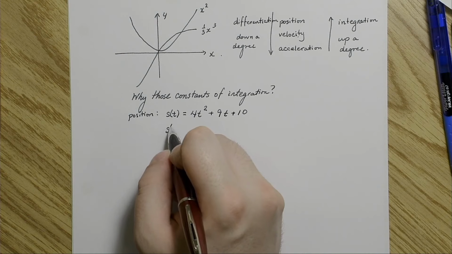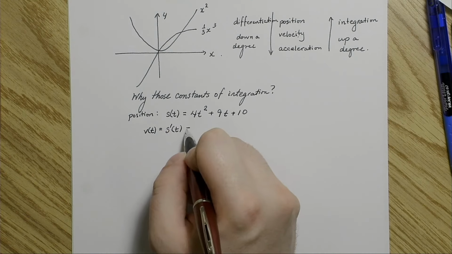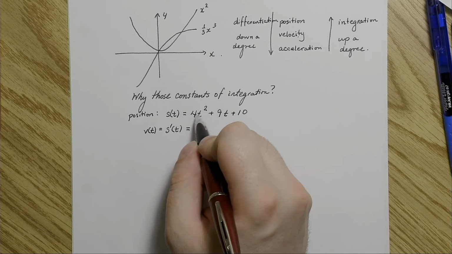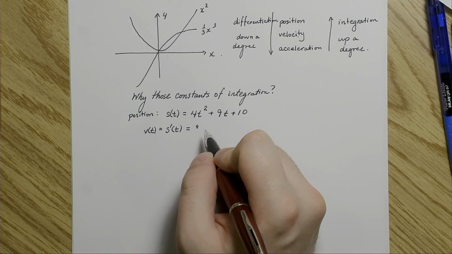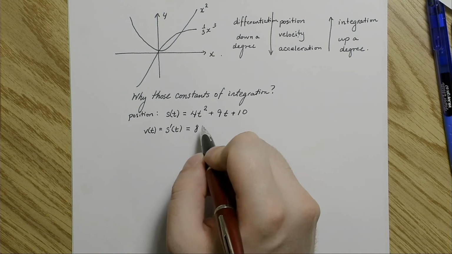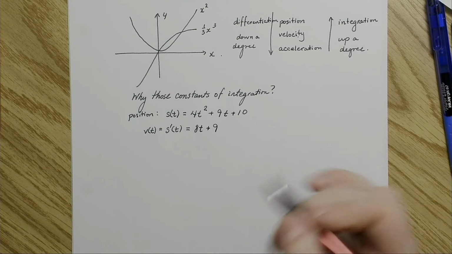If I took the derivative of that, that's now the velocity, what I get is 4 times 2 is 8t plus 9. Perfect.